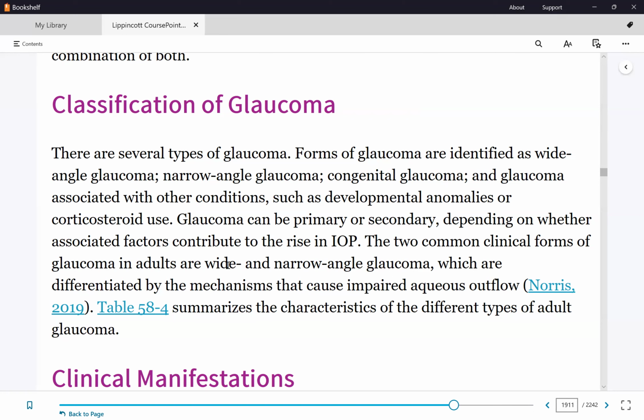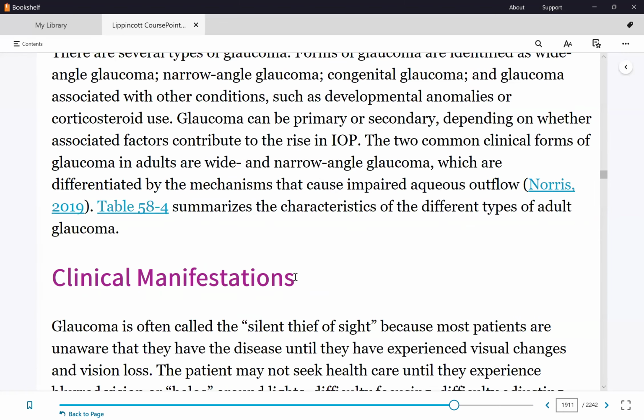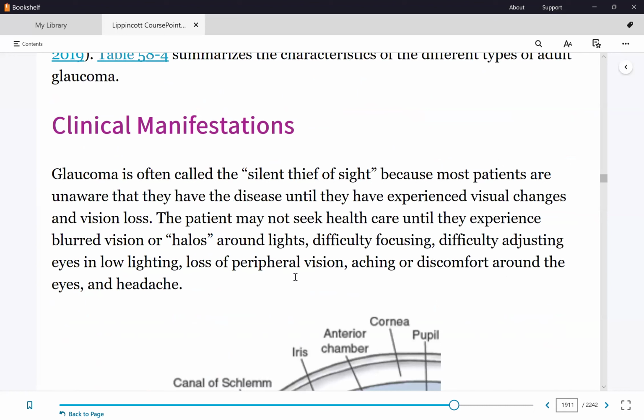So between these two, wide and narrow angle glaucoma, and we also have the acute narrow angle glaucoma, which will be mentioned later. Manifestations, here they are. Like I said, there are really no symptoms. The patient goes about their day not knowing they have glaucoma.